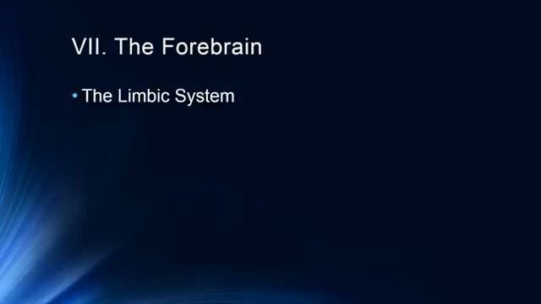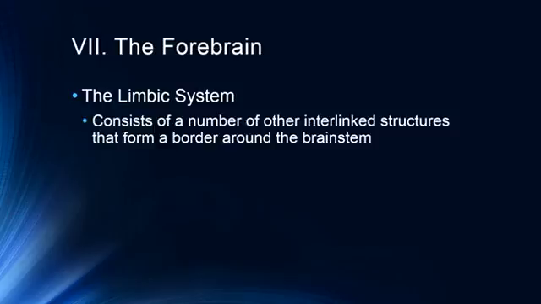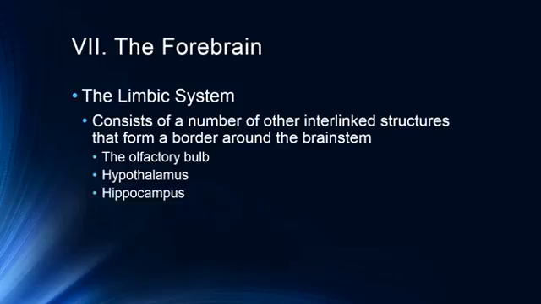So the forebrain is divided into a number of systems. The limbic system consists of a number of interlinked structures that form a border sort of around the brainstem and also wrap around the ventricles. This includes the olfactory bulb, which is where the olfactory nerve synapses and is the beginning of our sense of smell. The hypothalamus, which in conjunction with the pituitary gland directs and sort of commands and controls our endocrine system.